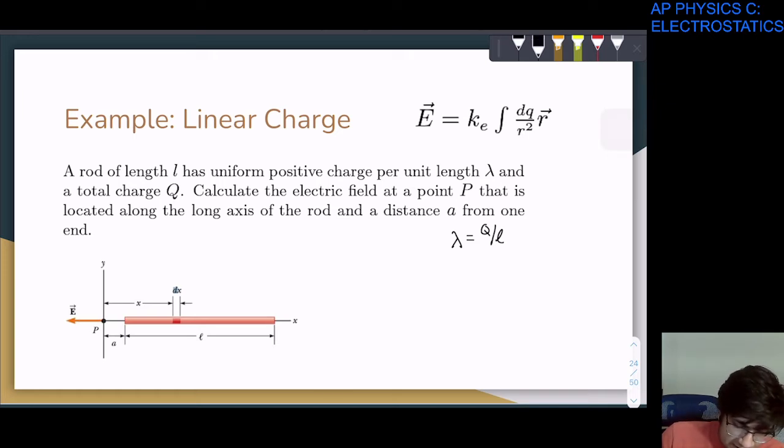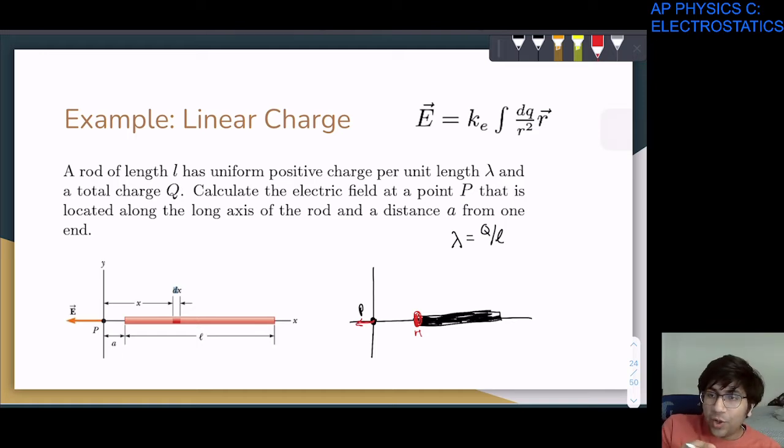This is kind of a classic problem where we're just going to use the formula that we wrote down. So this is P, and our rod is over here. If we want the electric field, we suppose we take a little bit of charge over here and look at the electric field.